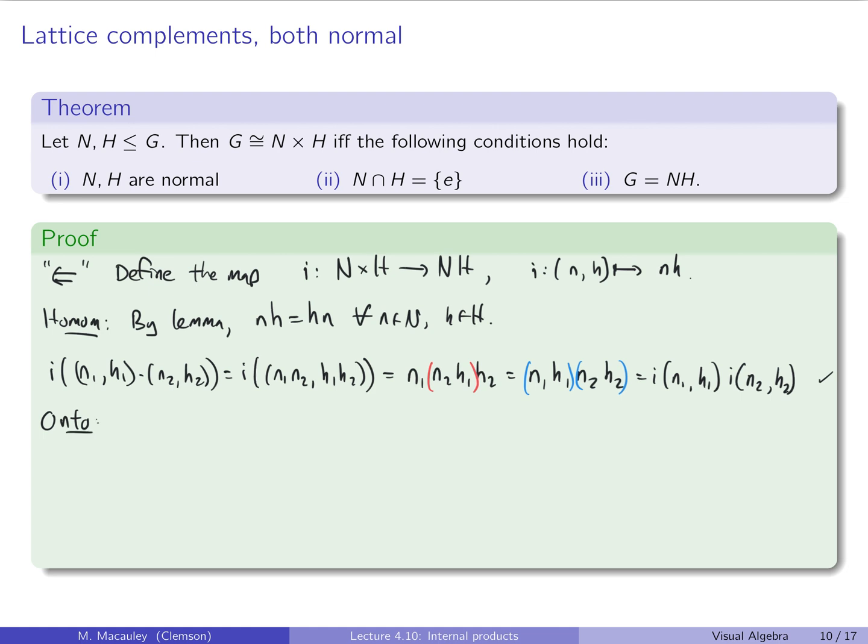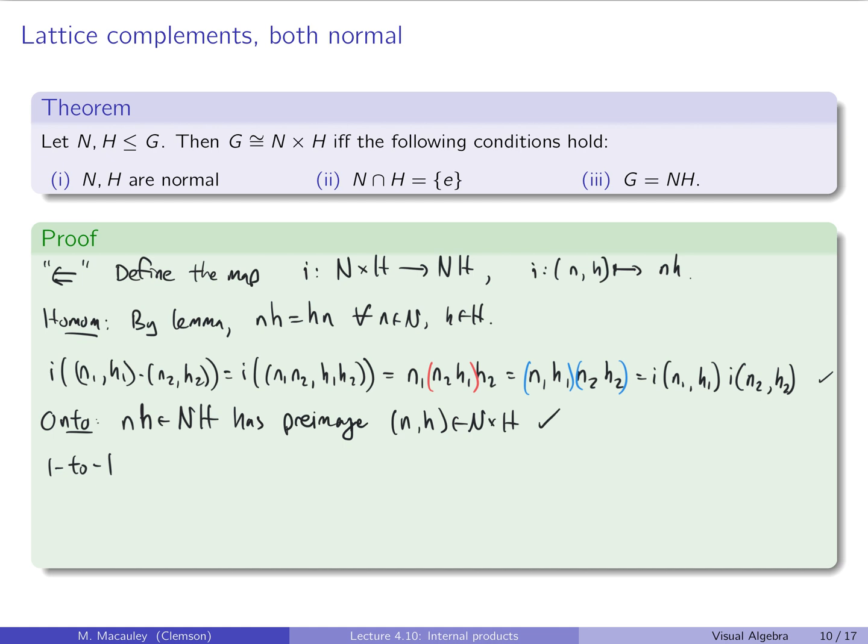If we have an element in the codomain, nh, then I can tell you what it comes from. So let's just write that down, but we don't really have to. nh in big N times big H has preimage (n, h) in big N cross big H. And that's that.